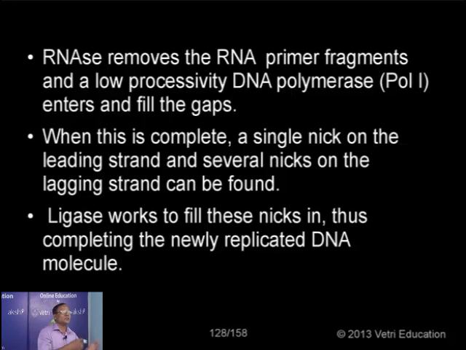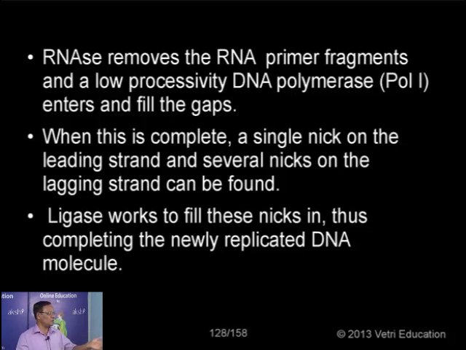So when this process is going on, the primer has been removed and DNA polymerase 1 has been added to this area. What will happen? We have a single nick on the leading strand. A single nick means only one break. And then several nicks on the lagging strand, so many broken points.